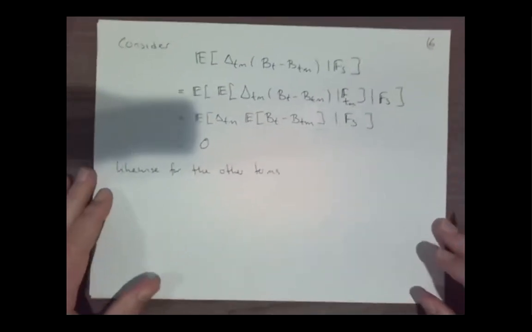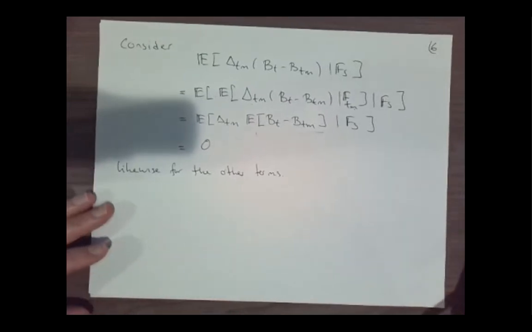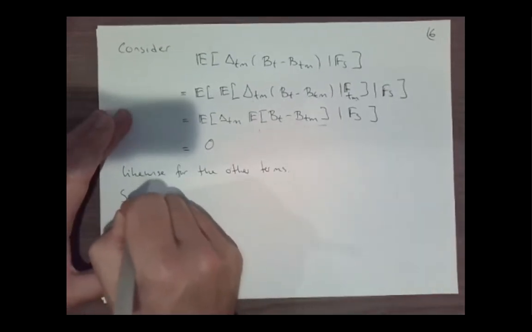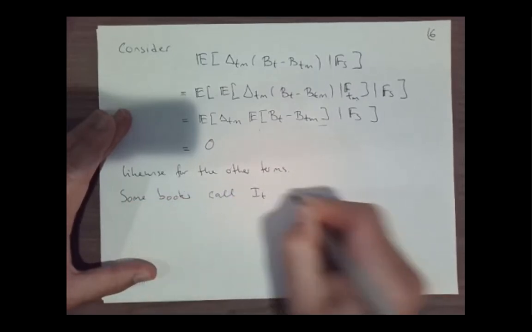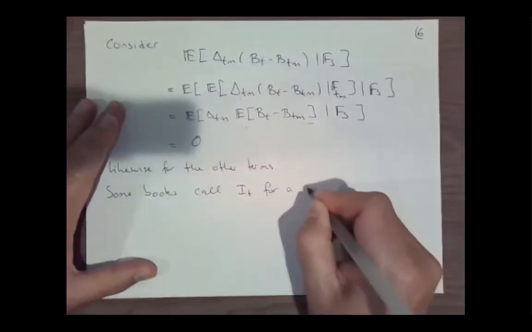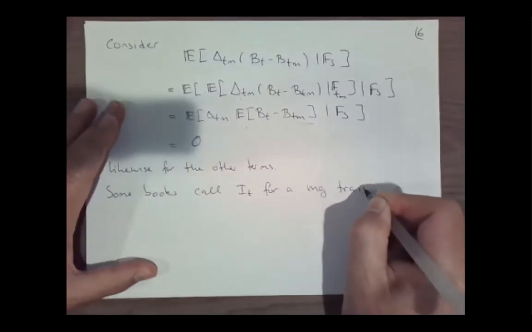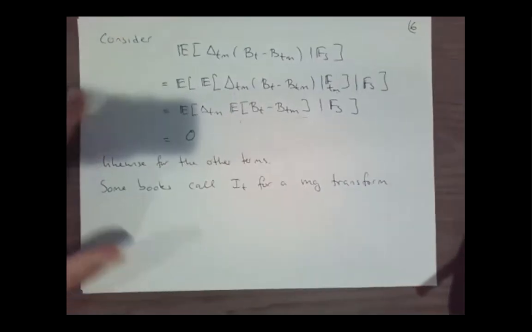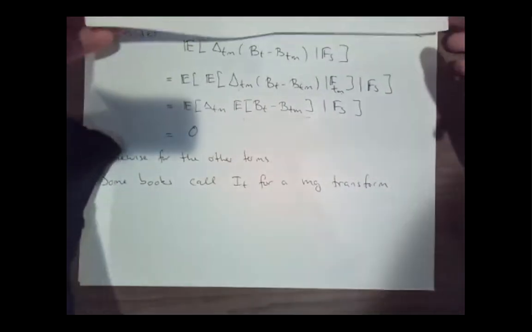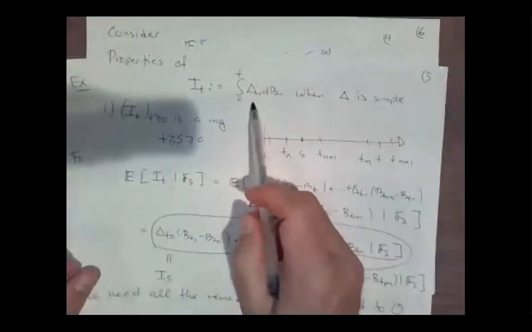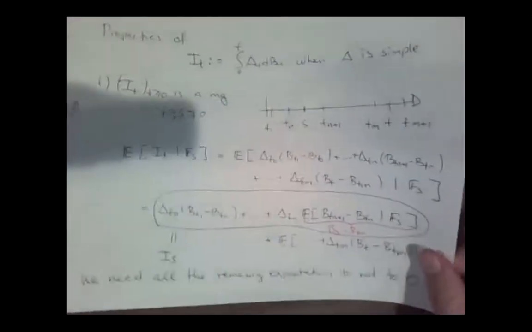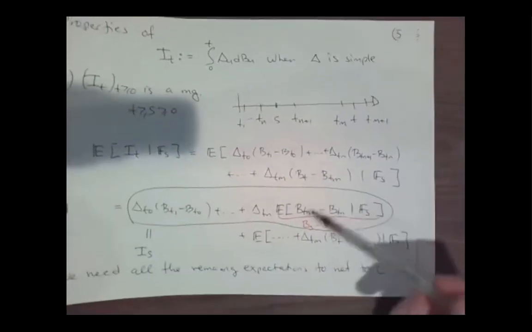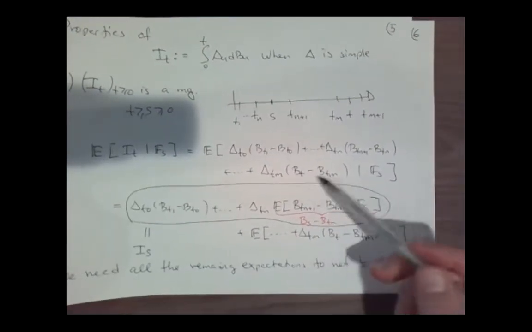So it's a martingale. This is this fantastic property. So some books, not many, but some books call it a martingale transform. And basically what's going on here is, what is the key thing that makes this object a martingale? So you go back and you look at what's the property that we're using. We're definitely using something about Bt being a martingale.